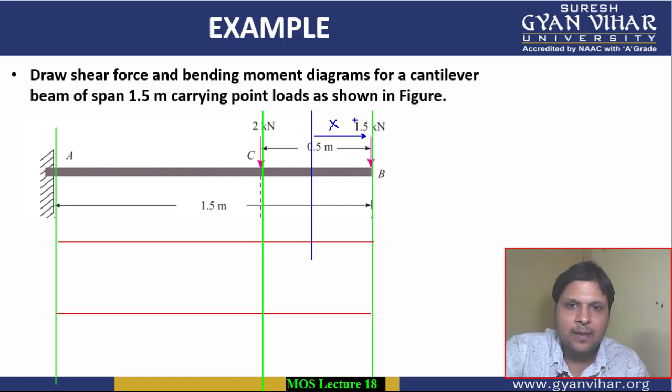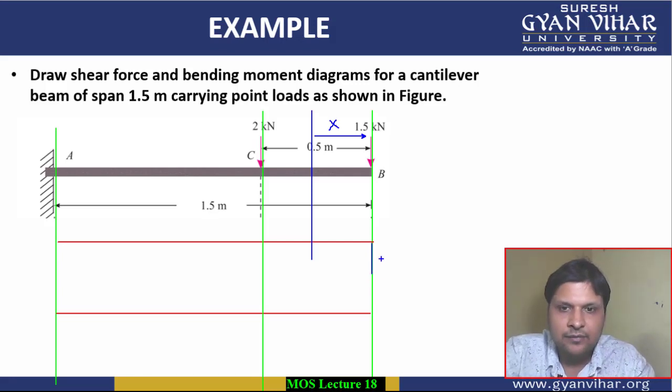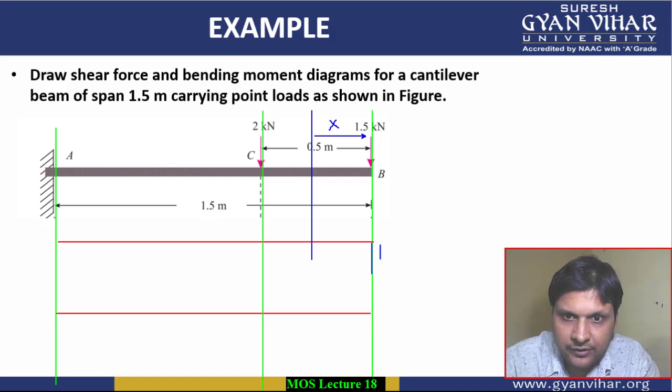So we are taking the right section, and since at point B the value is 1.5 going downwards, we will draw a vertical line downwards in this way. This will represent 1.5.